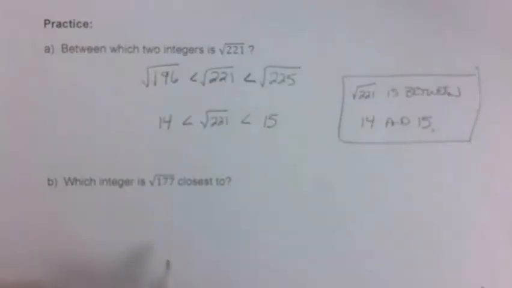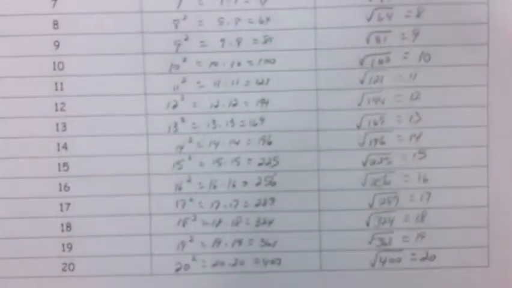Okay, and then in our example underneath, which integer is the square root of 177 closest to? Again, 177 is not a perfect square, so I'm going to find the perfect squares that 177 is in between. Looking back at my list of perfect squares, 177 is going to be between 169 and 196.